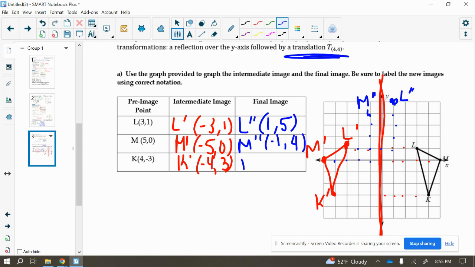And then last but not least, K double prime, move to the right 1, 2, 3, 4, up 2, 3, 4. Here is K double prime. This is at 0, 1. So again, we use that intermediate image to help us graph that final image point.